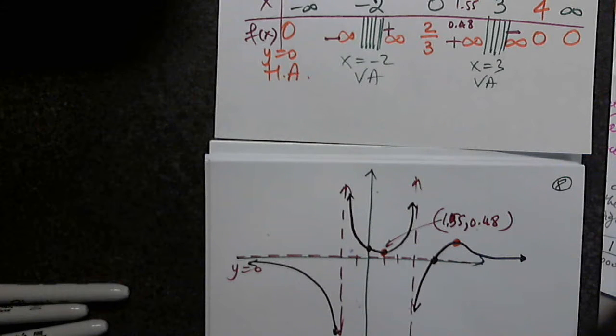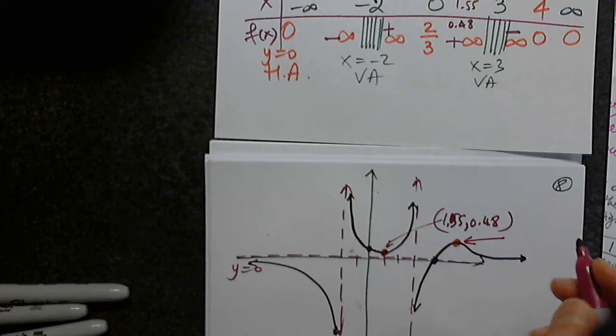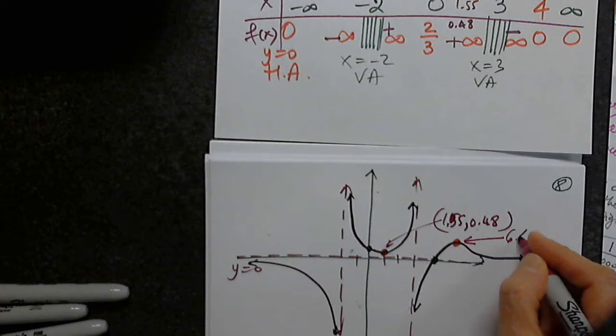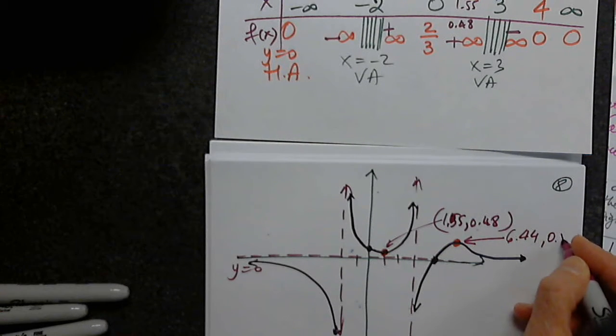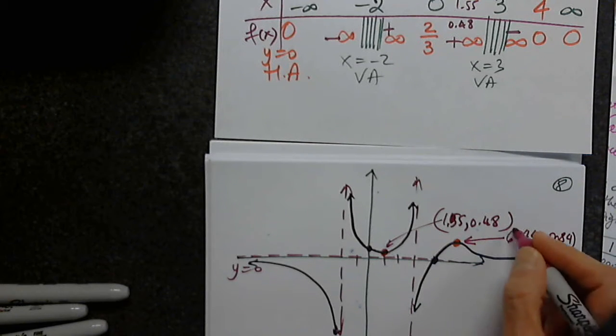And my right bound, I can take it and move it till I see it passes that maximum, that bump. It did. Okay, enter. Just give me the maximum. So it's 0.08. I don't know what kind of a maximum is 0.08, but that's what it is. So 6.44, comma 0.084.